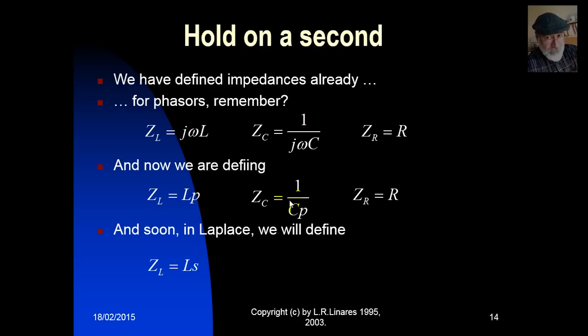The impedance of an inductor will be Ls, the impedance of a capacitor will be 1 over Cs, and the impedance of the resistor will remain unchanged, R. So we have traveled from j omega to P, and in the future to S, the complex variable S of the Laplace transform domain.